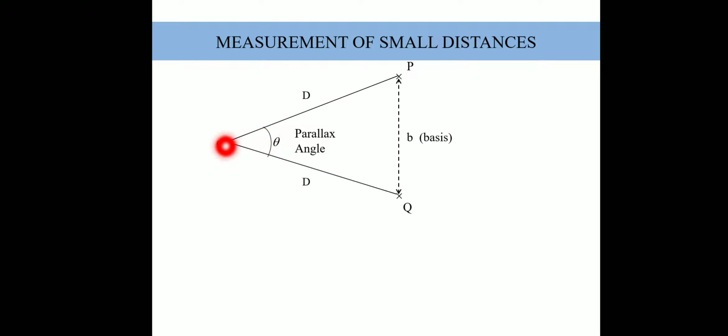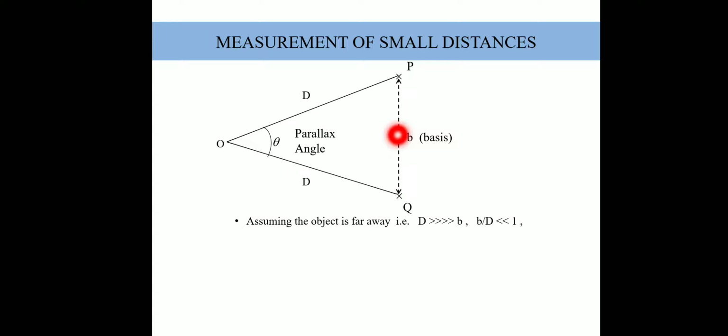If we stretch this point O, the angle will become smaller. If we assume the object is very far away, the moon is not at this position, it is even farther back. So D is going to increase and b will be the same.